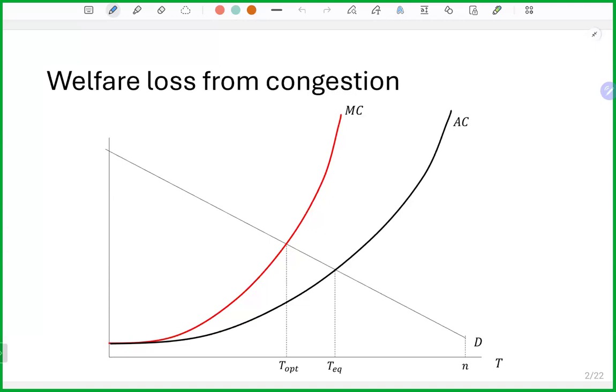So that is T, and that is marginal cost. One thing you want to remember is that the area below the marginal cost curve corresponds to the total cost of all the freeway users.